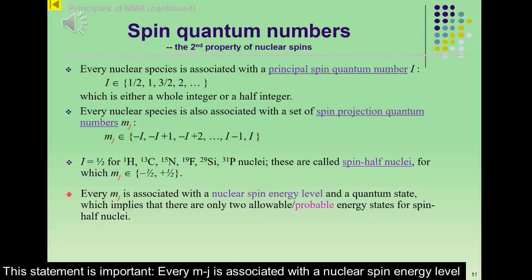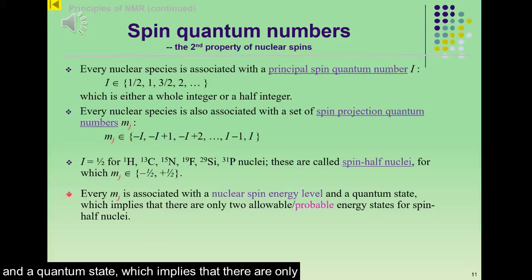This statement is important. Every MJ is associated with a nuclear spin energy level and a quantum state, which implies that there are only 2 allowable or probable energy states for spin half nuclei.